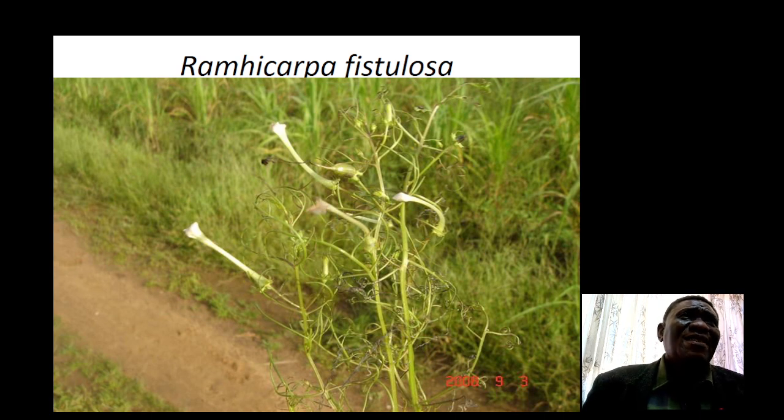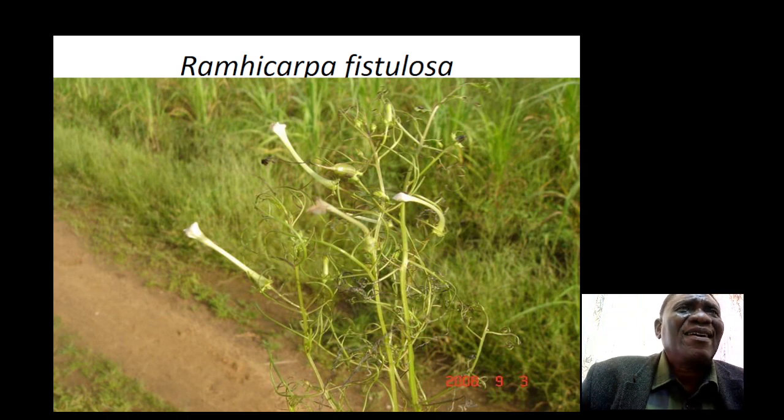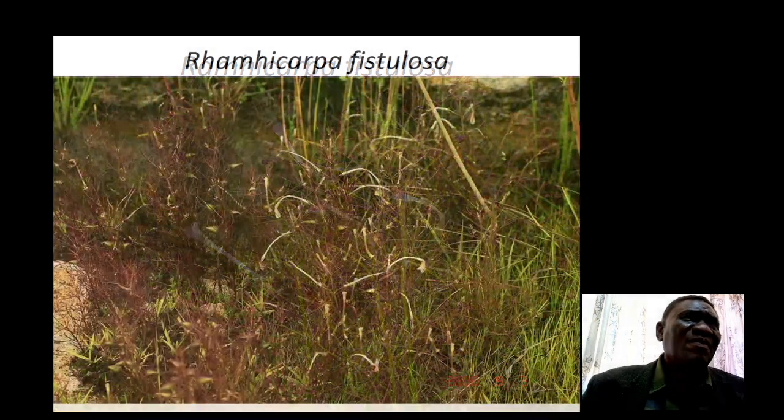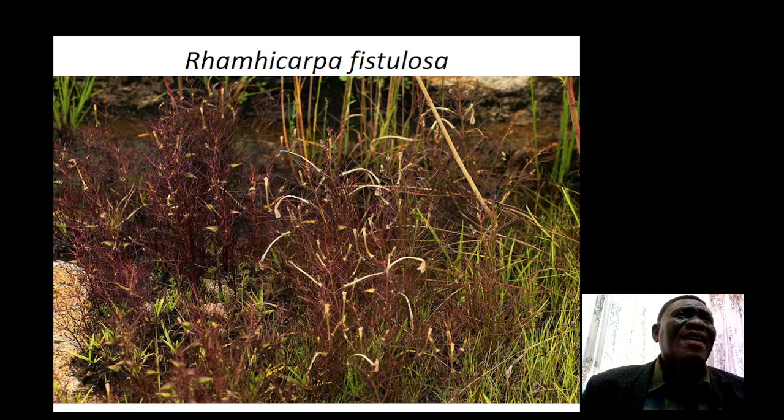We have found this Rhamphicarpa fistulosa parasitizing rice grown by farmers around Bushagashe in Masvingo area. Again, this is Rhamphicarpa fistulosa, which is already drying in a rice field.